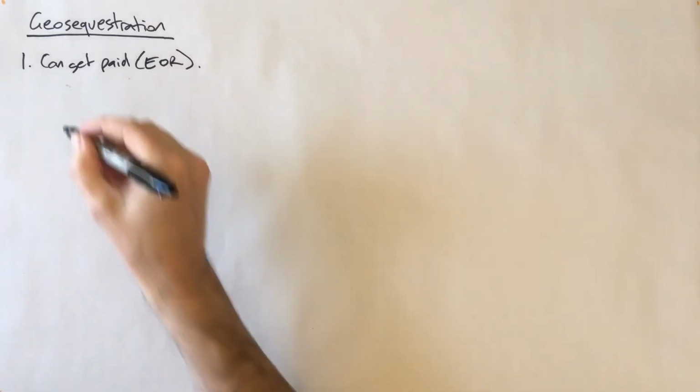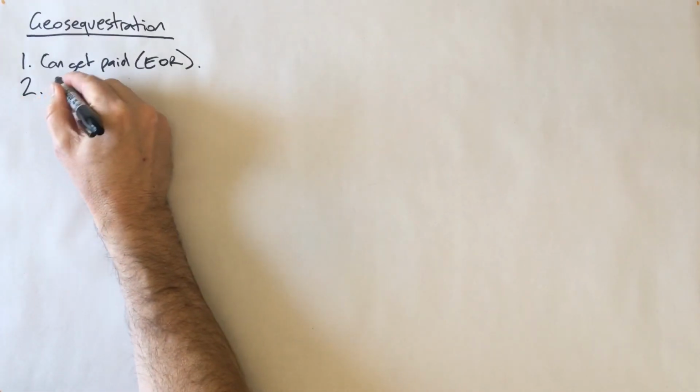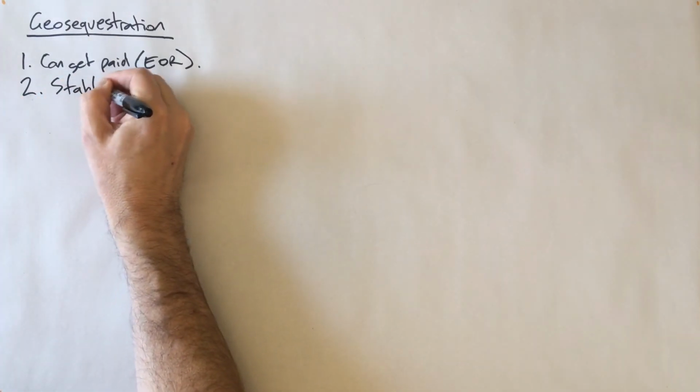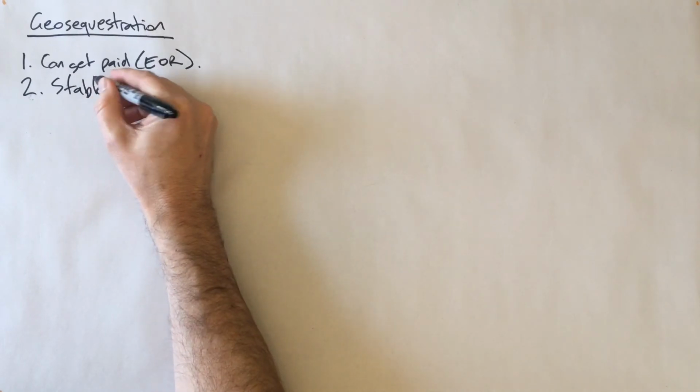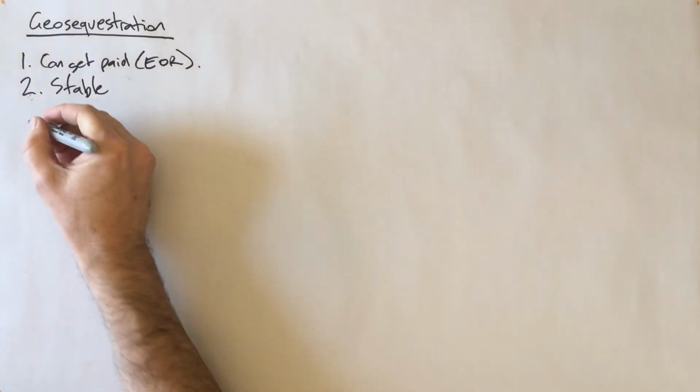I guess the second advantage is that you end up with stable storage locations, or at least that's the idea. You pick geological formations that are stable. So that means that you can lock the CO2 away, which is ultimately the entire point of CCS, is stable storage locations.